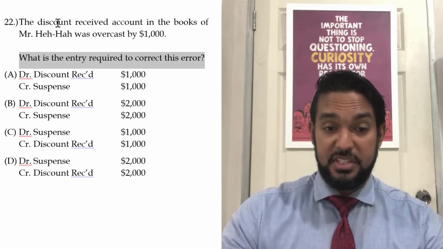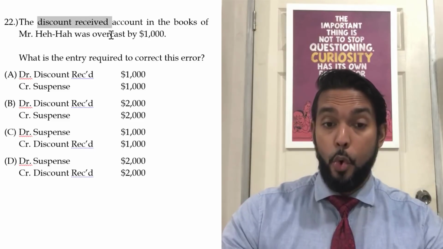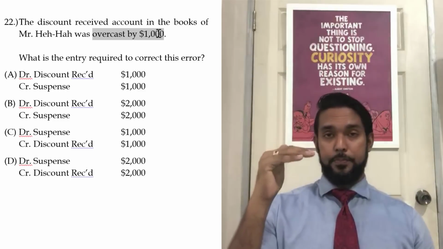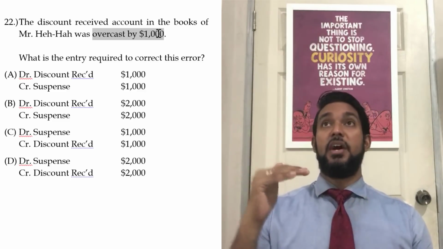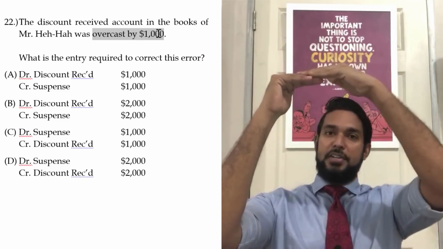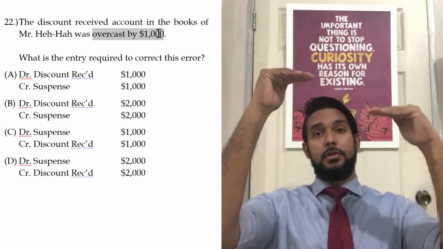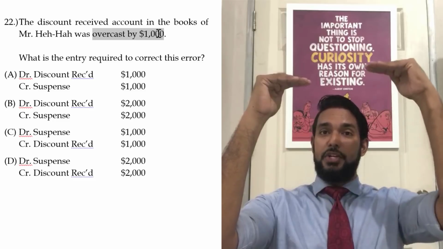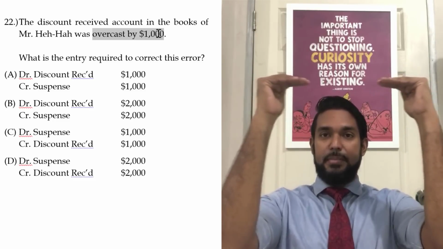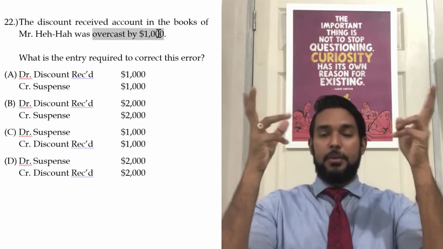So discount received is also a revenue, and if it's overcast, that means it's too high. So discount received as a revenue has a credit balance, and your credit balance is too high. We can't actually bring it down, but what we could do is go on the debit side and make an entry to bring up the debit side. It's basically going to balance off the account to the correct amount.